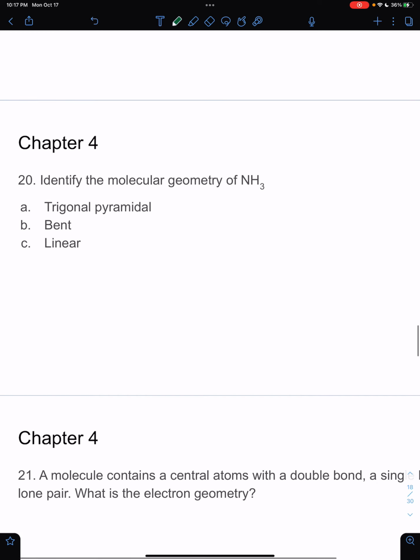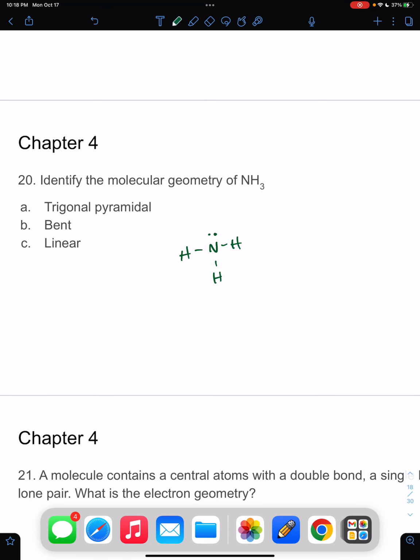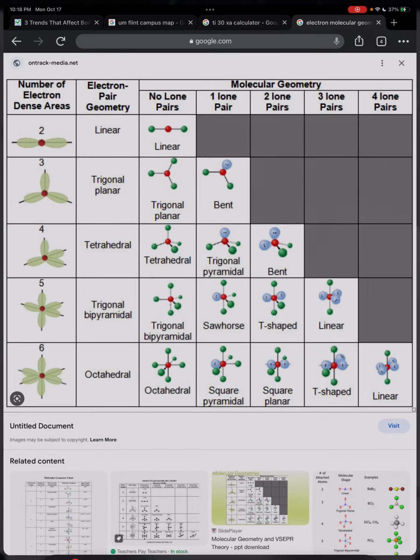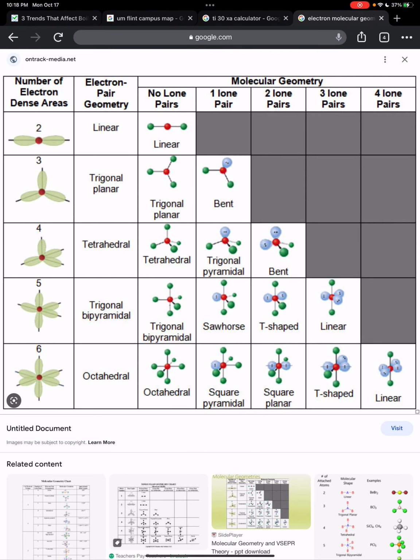And then if we look at the molecular geometry, same Lewis structure. This one is going to be based on the number of electron groups and the number of lone pairs. So going back to the chart, if we look at that second column, we're still in electron pair geometry, still tetrahedral.